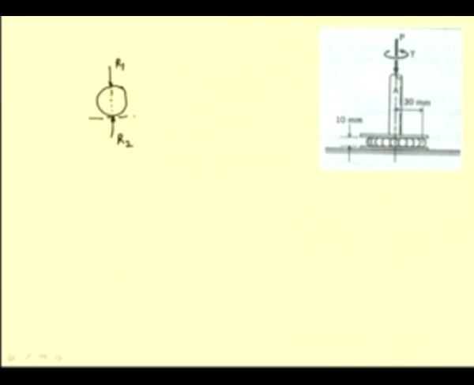They lie in the same line, and the total of all these vertical reactions of the various balls should be equal to this load P. So, in a limiting equivalence, because all these forces have the same direction cosine with respect to the vertical, we can sum all these vertical reactions and say that is R1, and the sum of all the vertical reactions from the ground as R2, and they will be like this.